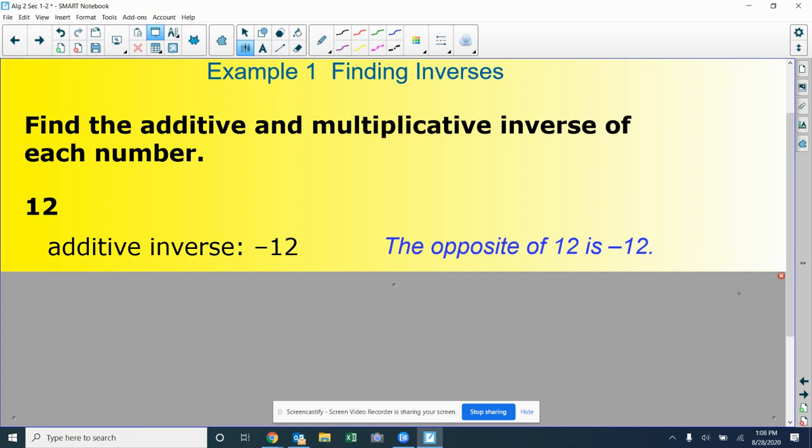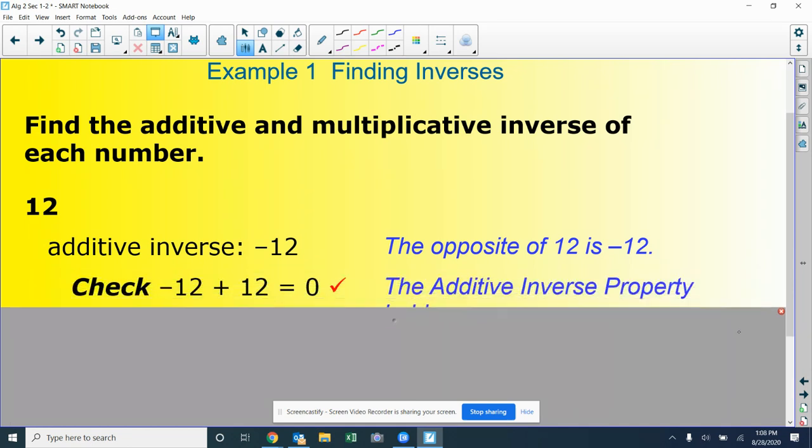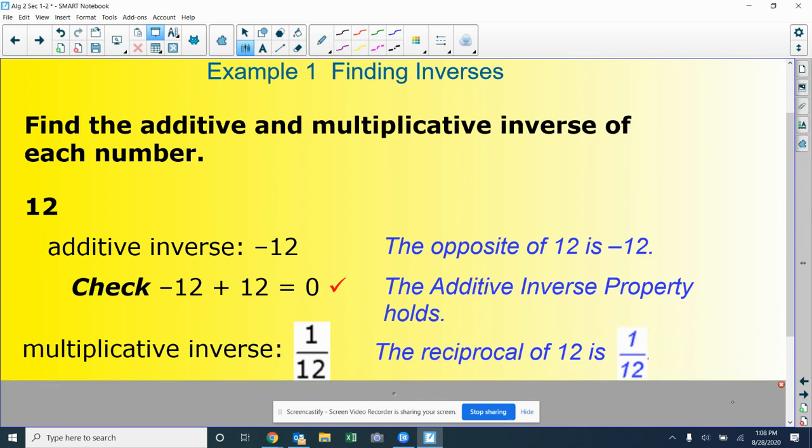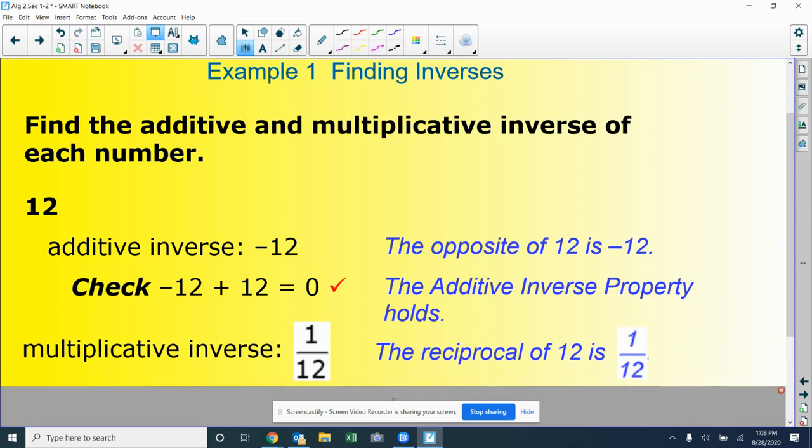That's very good. What would be the multiplicative inverse? 1/12. Now, be careful, if this 12 was negative, of course, this reciprocal would have to be negative also, because we want to get positive 1, okay? So there's 2 more examples for you to maybe think about.